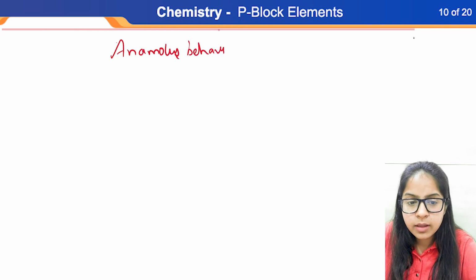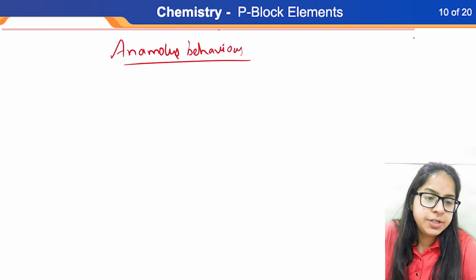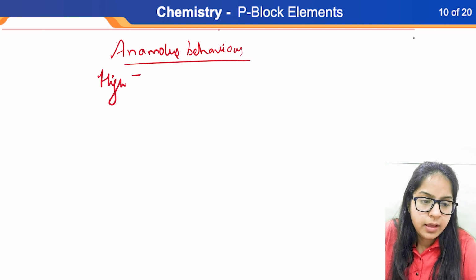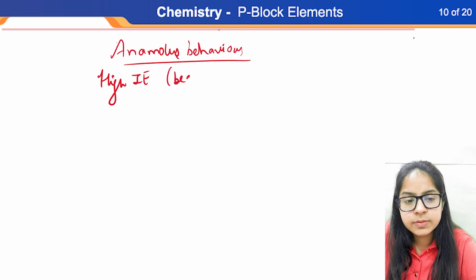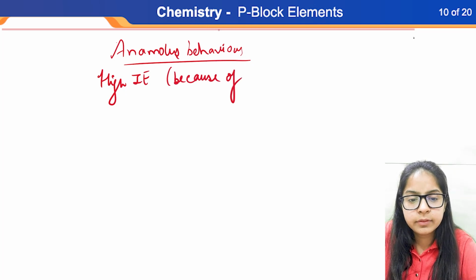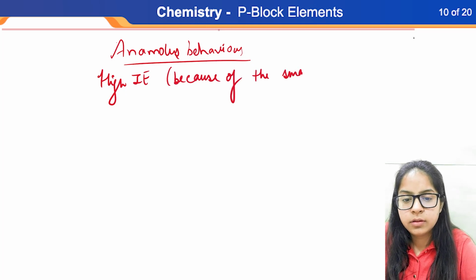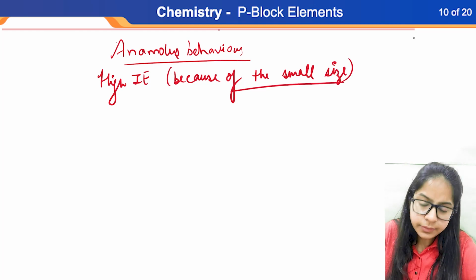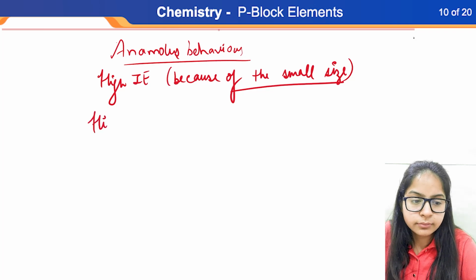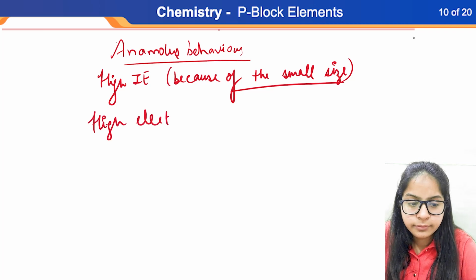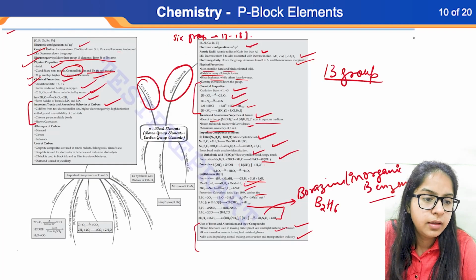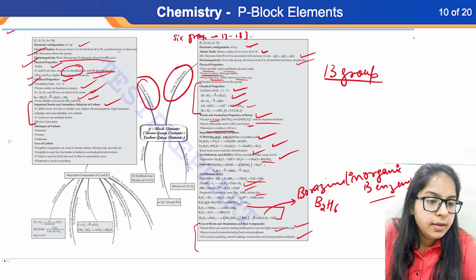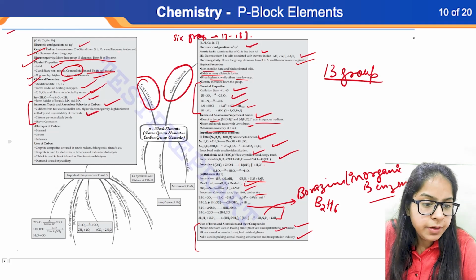It has high ionization energy because of the small size, its orbital being very near to the nucleus, high electronegativity, and unavailability of a d orbital.